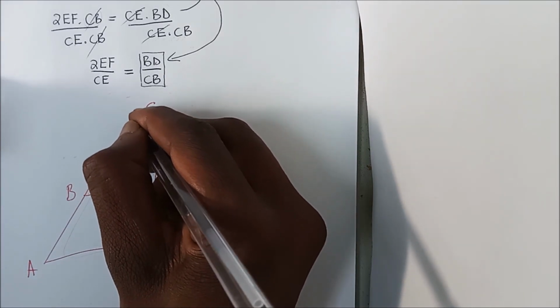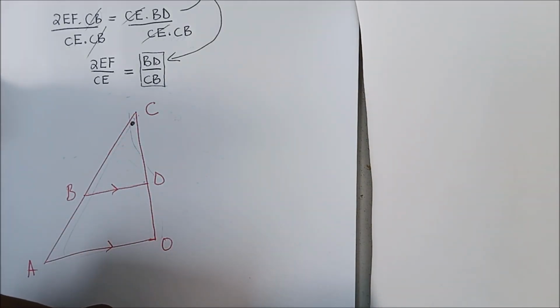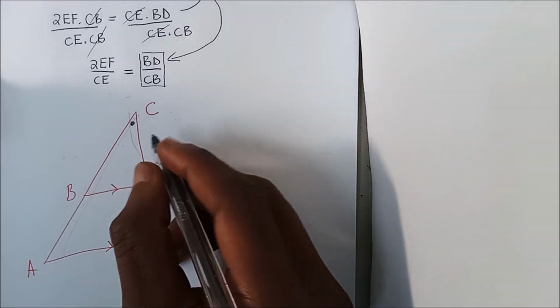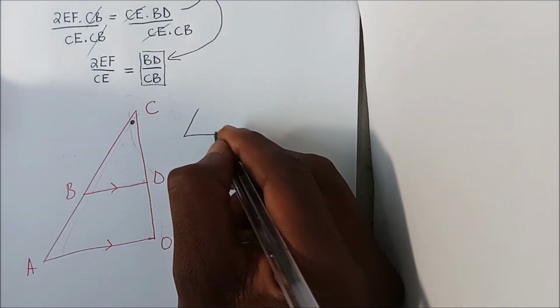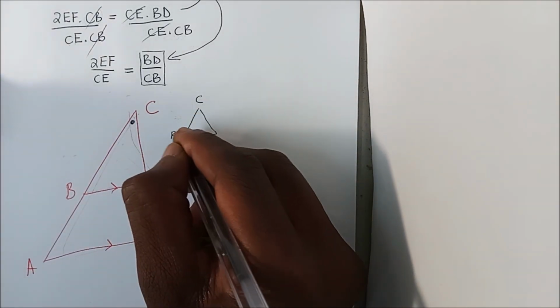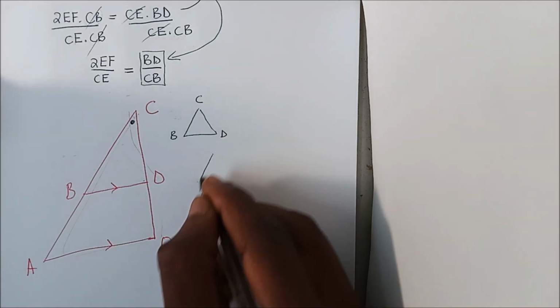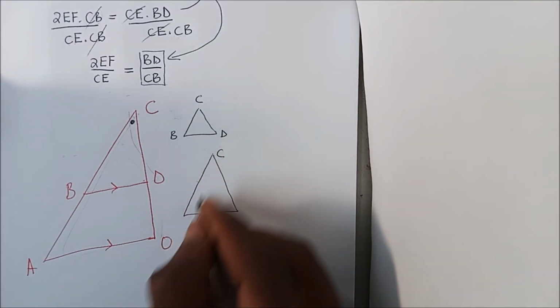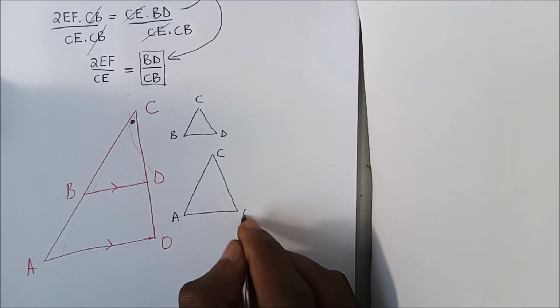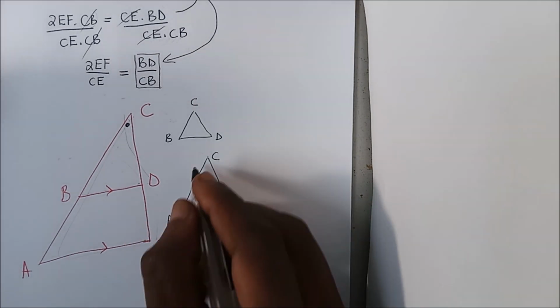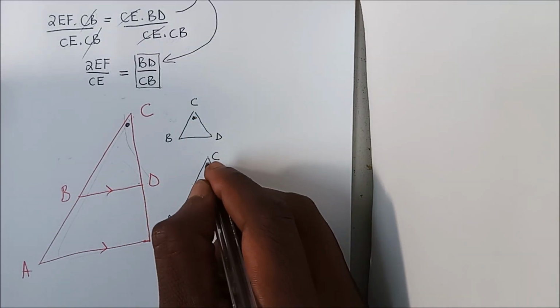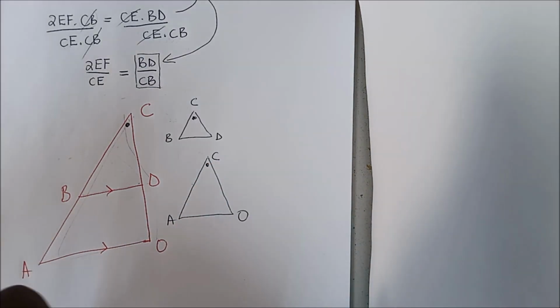First condition, this angle is common. It's common in the small triangle, which is CBD, and the big triangle, we still have C, which is AO. So, are you aware that C is common? No problem.